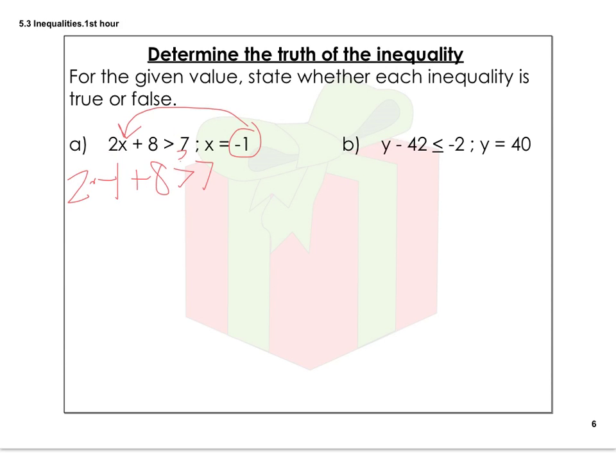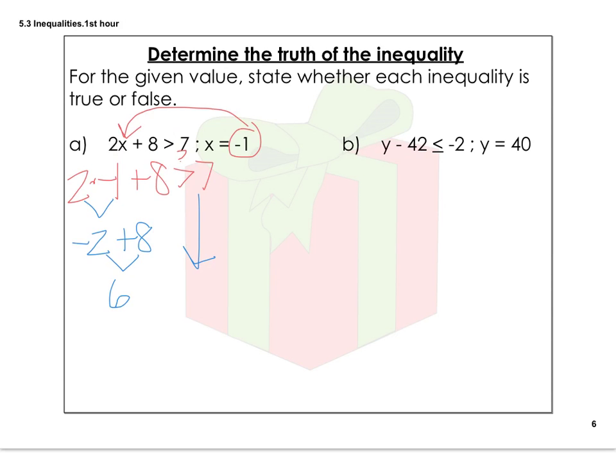Order of operations tells us that we multiply first. 2 times negative 1. Our signs are different, so it stays a negative. Plus 8. Negative 2 plus 8. Again, you guys all know the song that we sing with this. You just have to make sure you use it. These two signs are different, so you subtract and keep the sign of the bigger number.